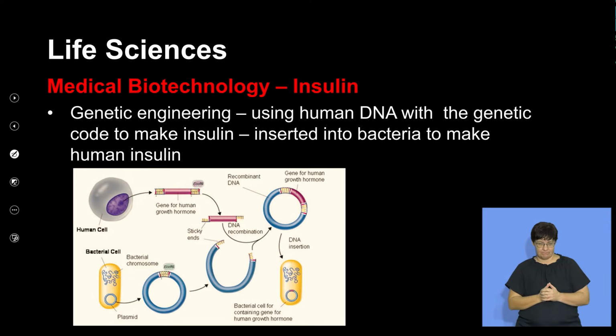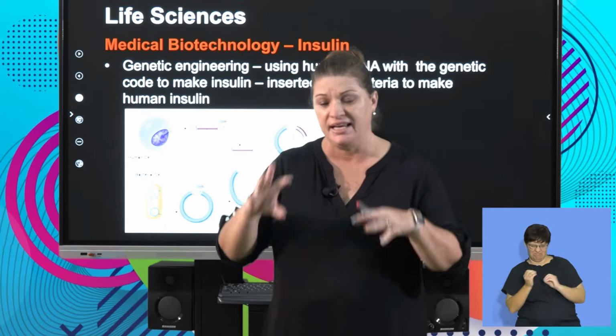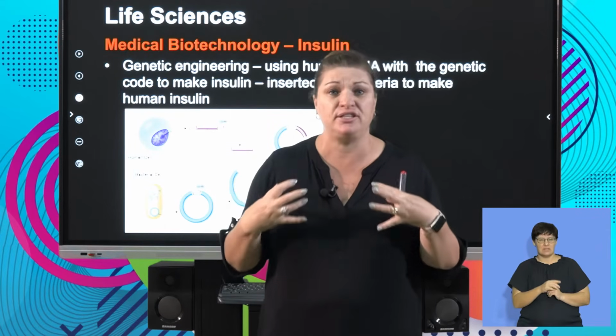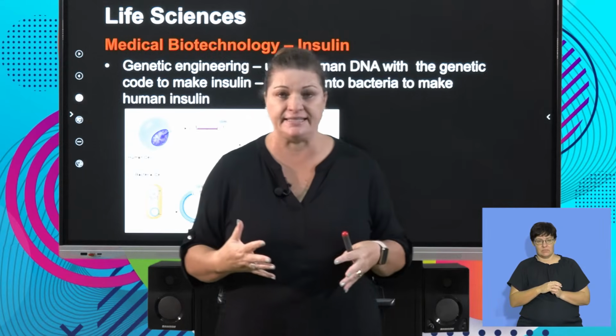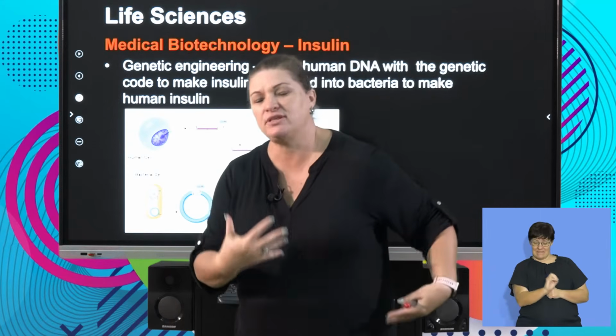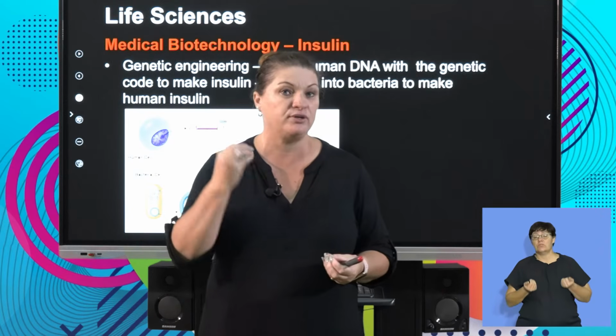Guys, the next concept, called biotechnology, is genetic engineering. What does genetic engineering mean? It means we change the DNA. Now, for those people who are diabetics, for some reason, there's lots of reasons, they don't produce the hormone insulin.